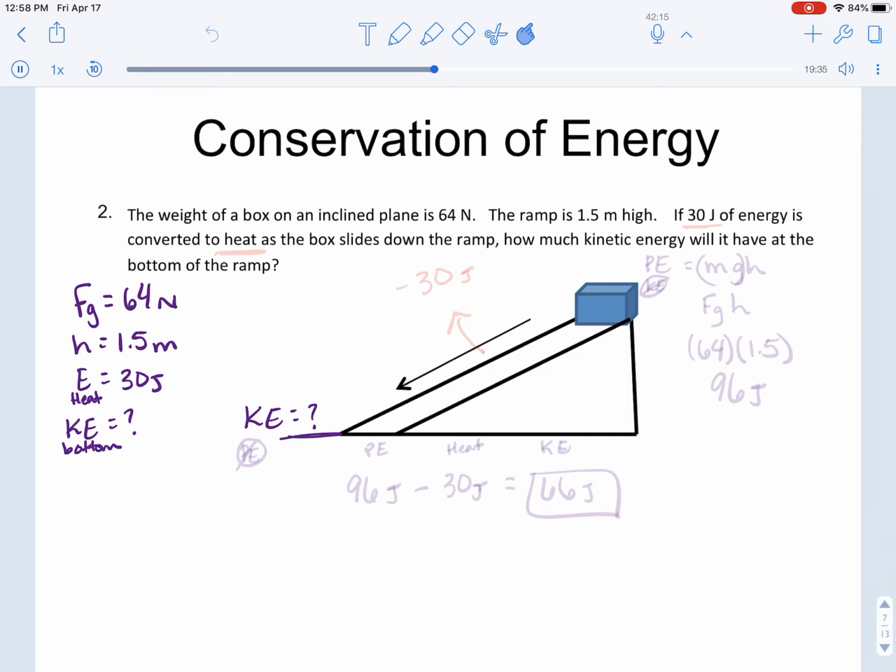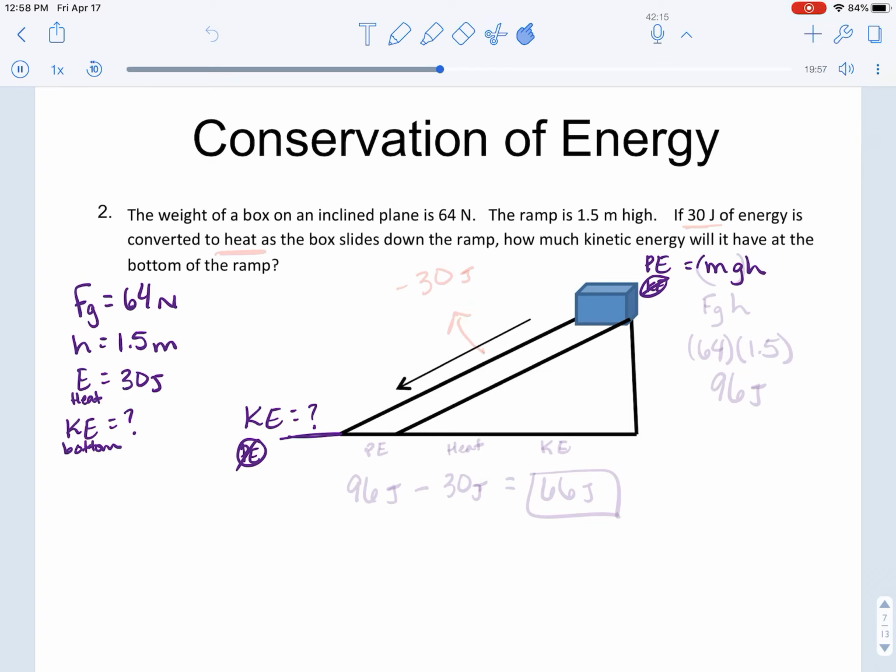Okay? So this is once again going to be one of those questions where the PE at the top is going to be transferred into KE at the bottom. My kinetic energy here is implied to be 0. My potential energy here is understood to be 0. So we would calculate our potential energy by saying mass times gravity times height.